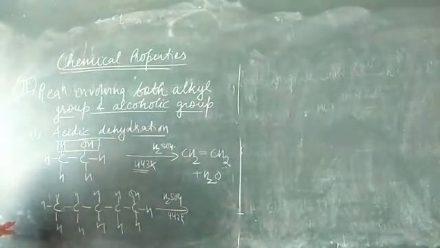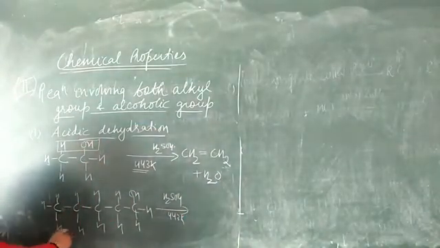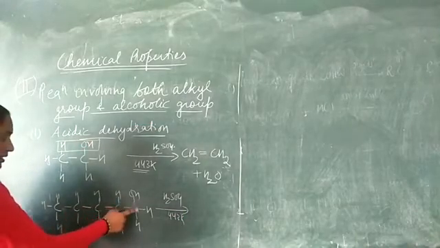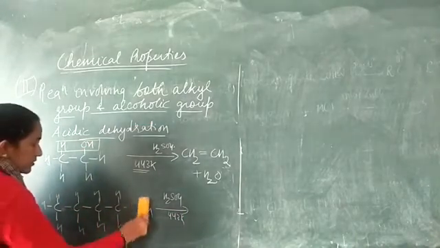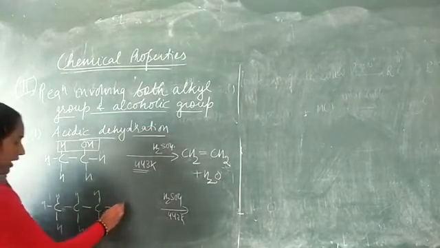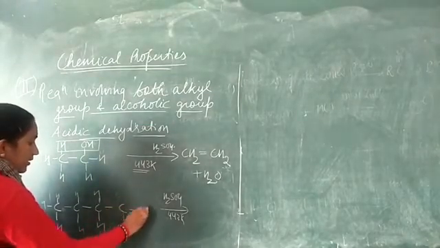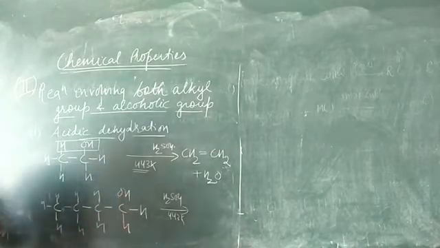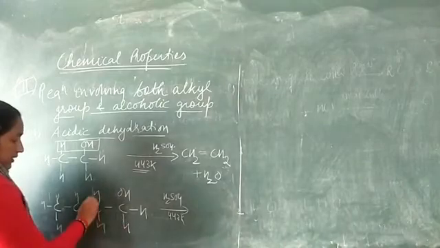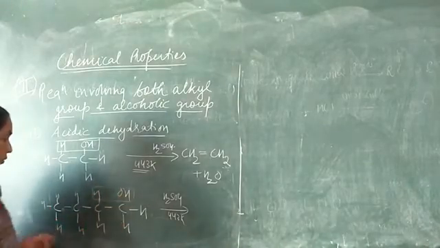Similarly, students, I have written here butanol, CH3CH2CH2CH2OH. In this case, we can get a hydrogen removed along with the OH.